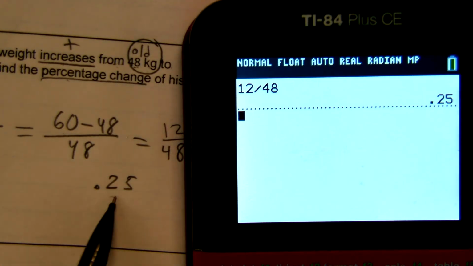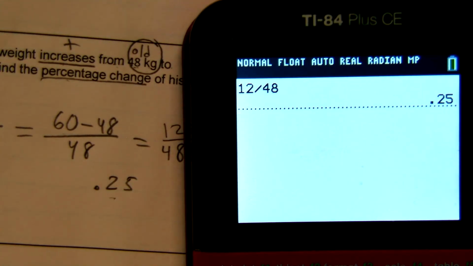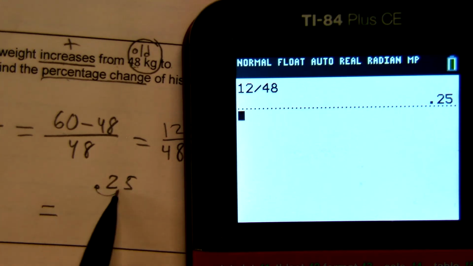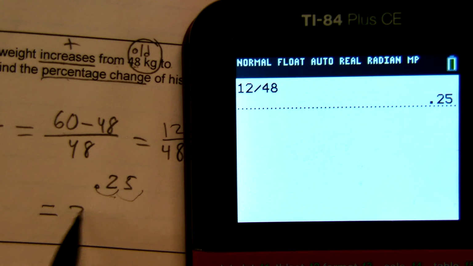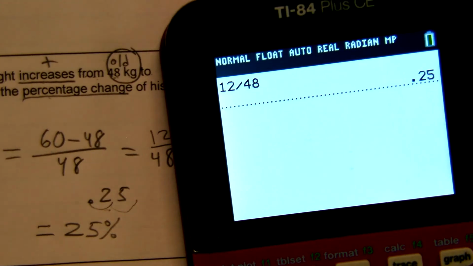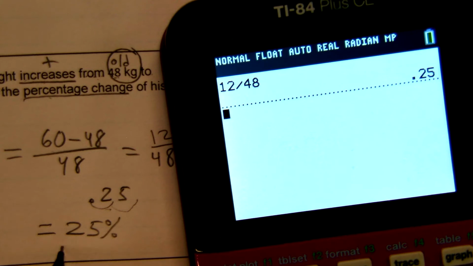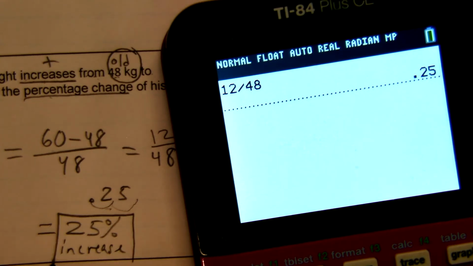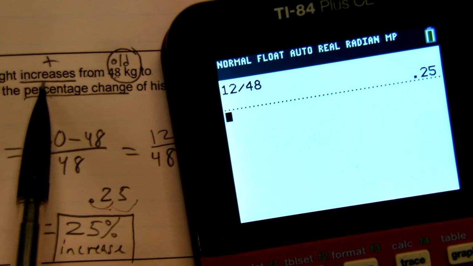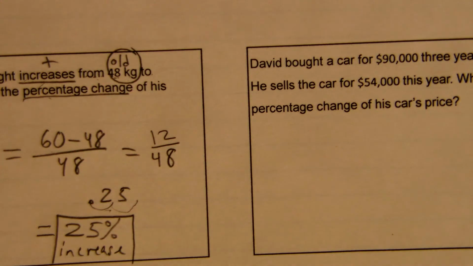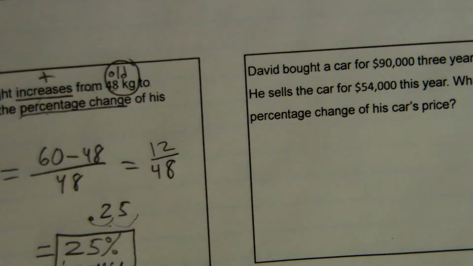We write that down, and then we're going to change that to a percent. To change it to a percent, we move it back 2 places. So it would be 25%. And because we went from 48 to 60, it went up. That is an increase. Okay? They actually told us it was an increase on this one, but we also know because we got a positive number.